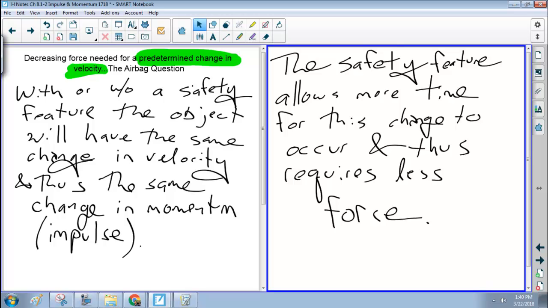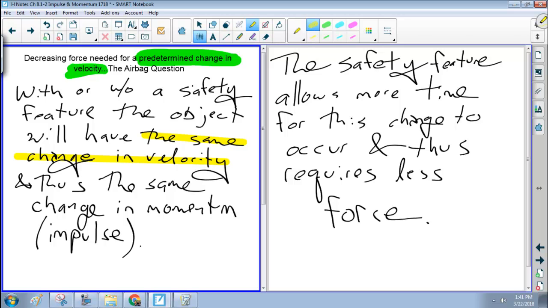You are going to get 1 point for simply telling me that whether you've got a safety feature or not, you're going to have the same change in velocity. That's 1 point. You have to establish that, as it's instrumental in setting up this argument. You got the same change in velocity either way. And that means that you're going to have the same change in momentum, or the same impulse. That's a point.